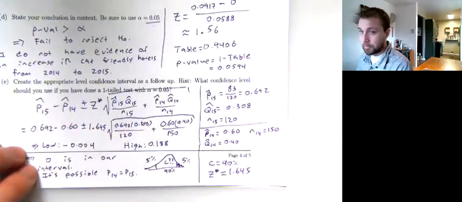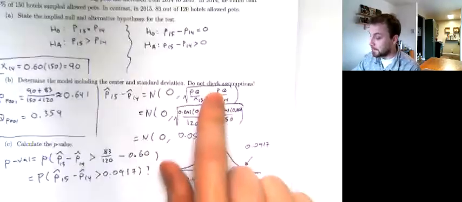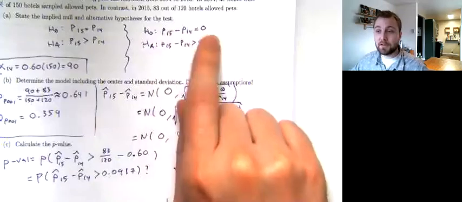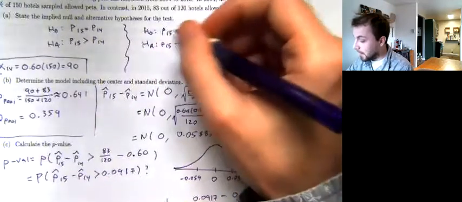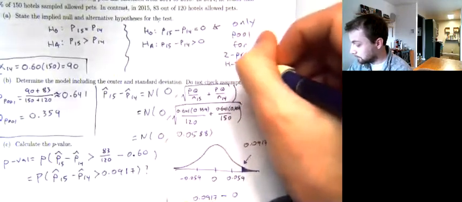So just as a general reminder, I only have to pool when I assume my two groups are the same. And I'm only assuming they're the same when I have an equals 0 in the null hypothesis. So only pool for this two proportion hypothesis test.